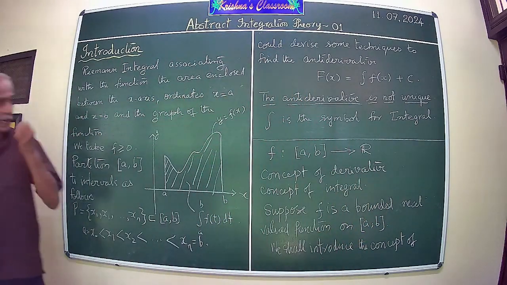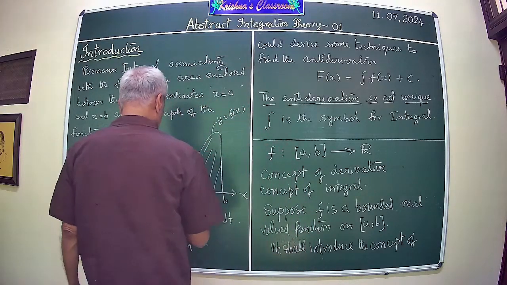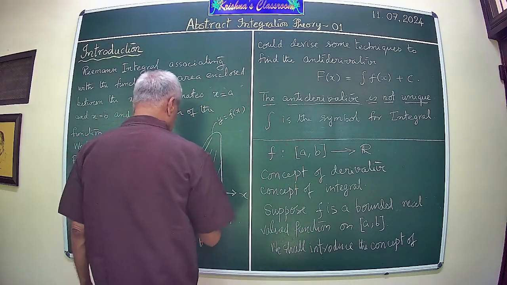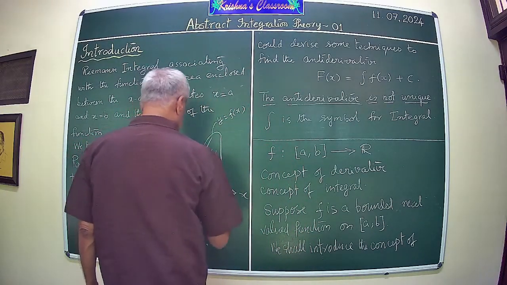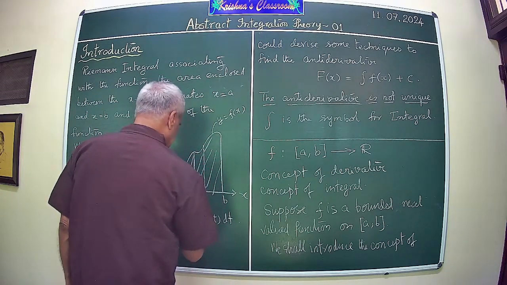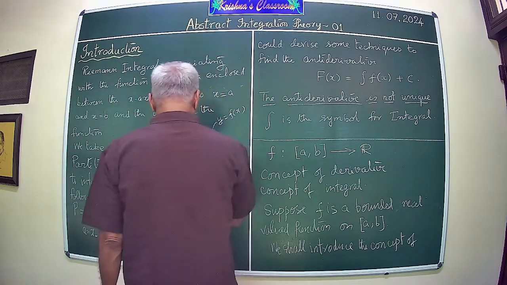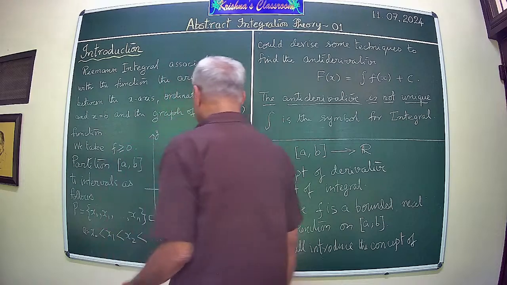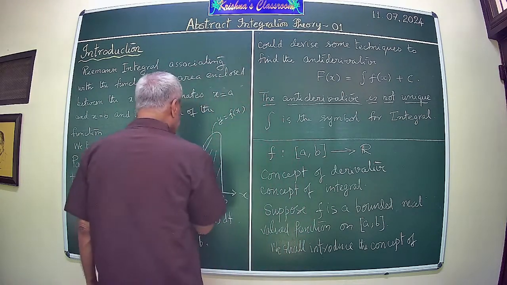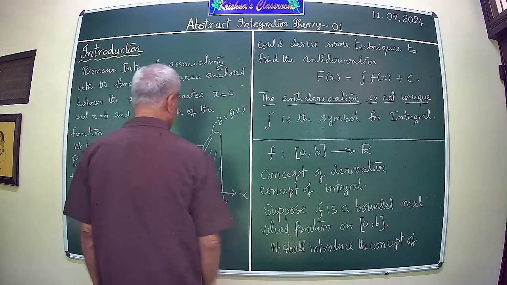Now for each partition, we define two sums. This is the interval from x(i-1) to xi. Now we will work out this, and this is approximated in two ways. One from above, one from below.